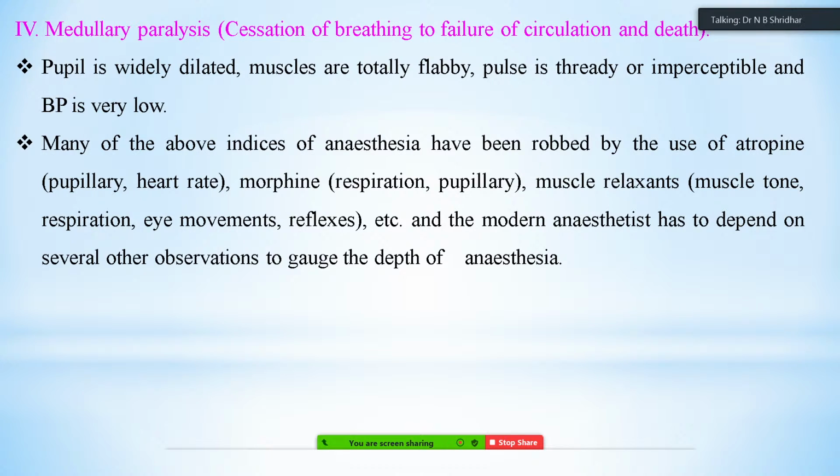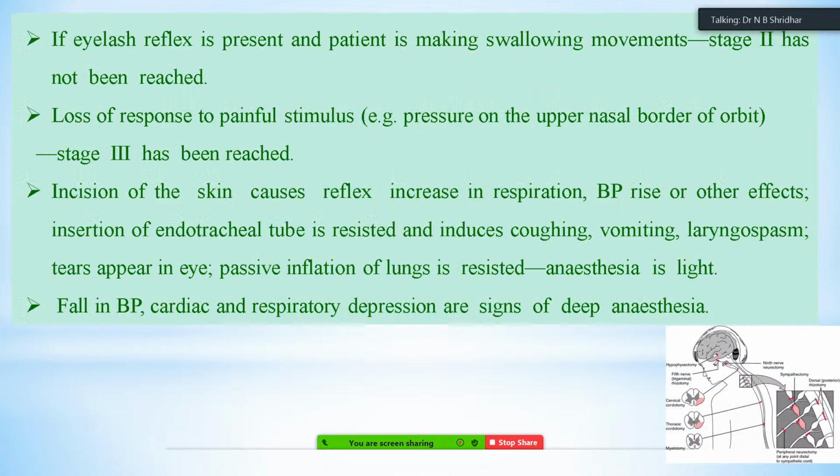The depth of anesthesia will be very high at the initiation of the stage of medullary paralysis, and once the patient comes to this state, it is very difficult to get him back to the original state. Even if we use antidotes, it is not useful to the patient.